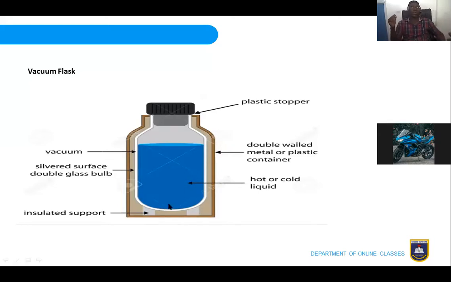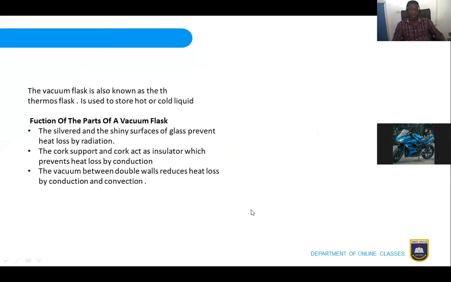So heat dissipated to the inner walls cannot be sent to the outer walls because there is an insulated support which is separating the two, and the insulator is a poor conductor of heat, it doesn't conduct heat, and so this prevents heat loss by conduction. This prevents heat loss by conduction, the insulated support, the cork support.